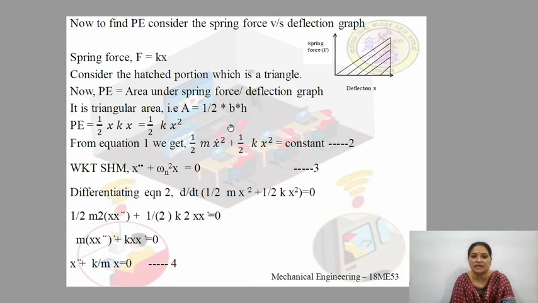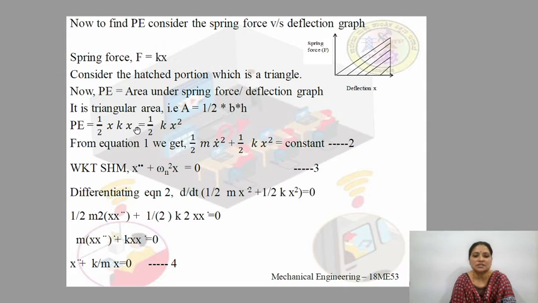Since it is a triangular area, we can write that A is equal to half into base into height. In this figure, the base is taken as the deflection, which is x, and the height H is taken as spring force, which is equal to kx. Substituting these values, potential energy is equal to half into base x and height kx.